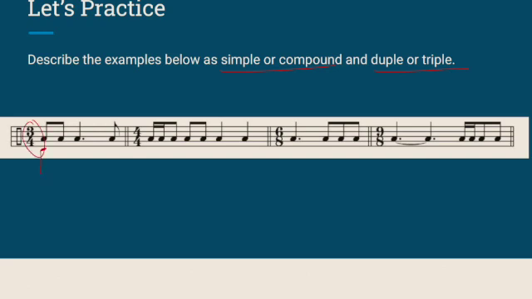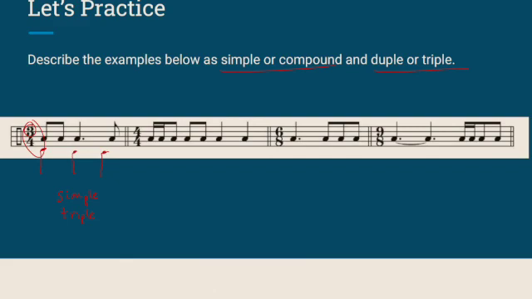Well, I know that I'm going to have 3 quarter notes in each measure, right? So I know that this is simple because my beat is a quarter note. And I'm going to say it's triple because I have a 3 on the top. My number of beats in the measure is 3 or divisible by 3, right? So I know that that is a simple triple.